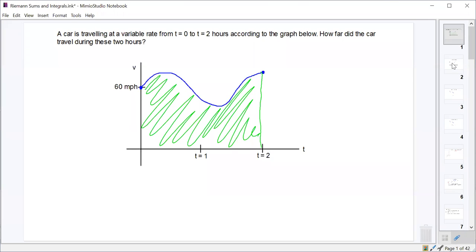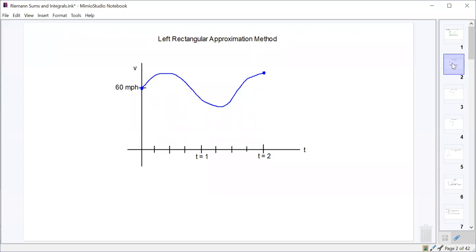So the first of those is what we call a left rectangular approximation. Hopefully you have seen this before, but if you haven't, it's pretty easy. All you do is divide your interval, so we've got an interval from 0 to 2, into as many different little subintervals as you want.